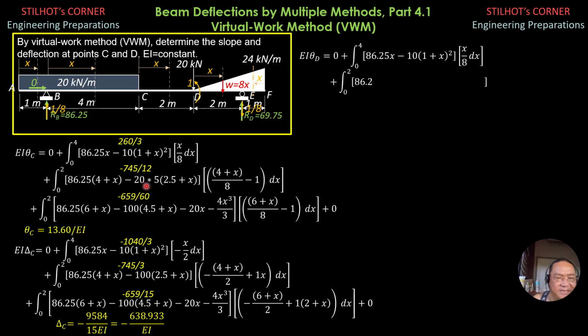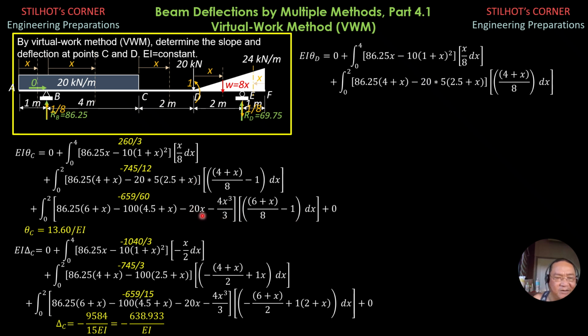So integral 86.25 quantity 4 plus x minus 10 times 2.5 plus x. Then the small m in this section is 1/8 of 4 plus x only, or 4 plus x over 8 dx. Then the third integral is the same.